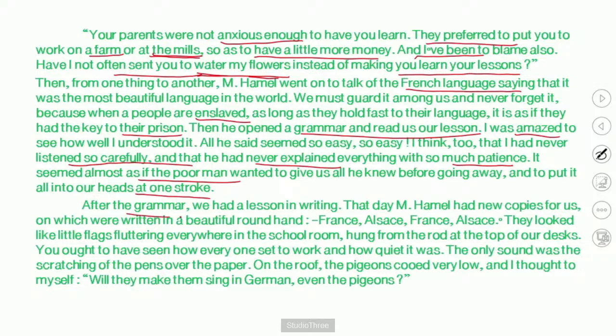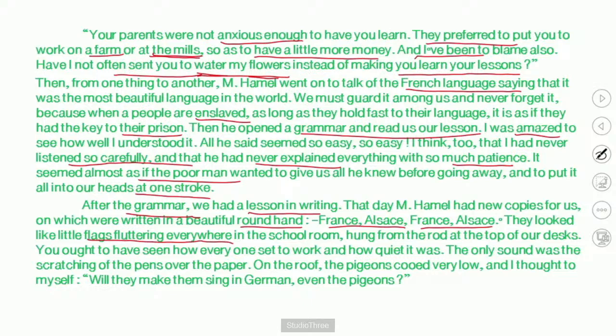So after the grammar, we had a lesson in writing. Means that day Mr. Hamel had new copies for us on which were written in a beautiful round hand, France, Alsace, France, Alsace. Means these words were in bold letters and they looked like little flags fluttering everywhere in the schoolroom.